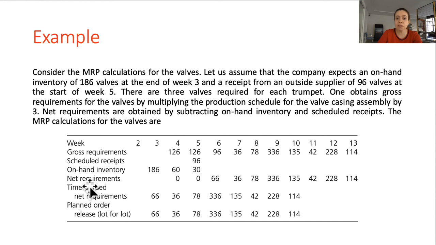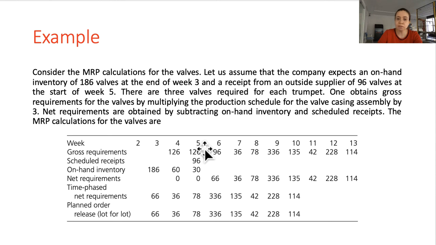And to calculate the net requirements, for example for week 4, the gross requirement is 126, but we have an on-hand inventory of 186. So we use 126 of this on-hand inventory, and in week 4 we have an on-hand inventory of 60 units.